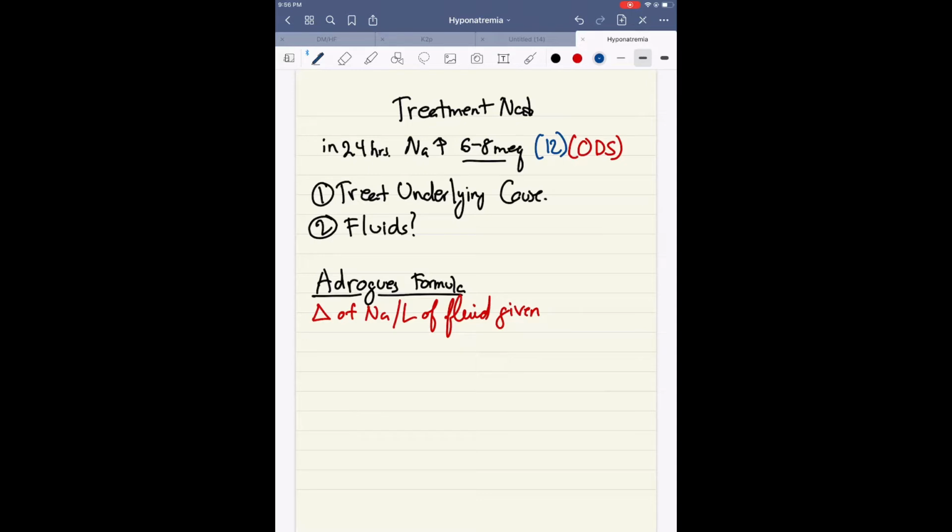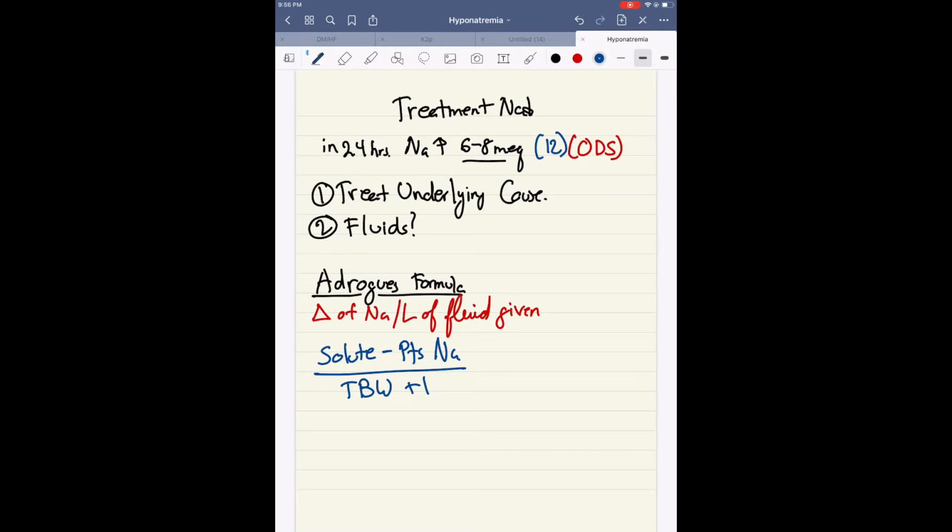So the formula itself is our solute that we are giving, so normal saline or half normal, minus the patient sodium, and we're going to take this and put it over the total body water plus 1, that 1 representing the liter of H2O in that solute.